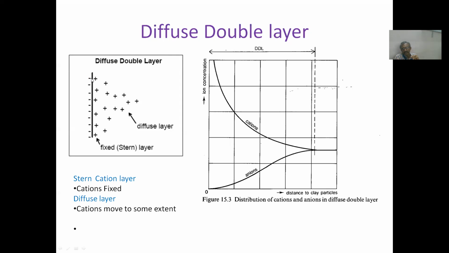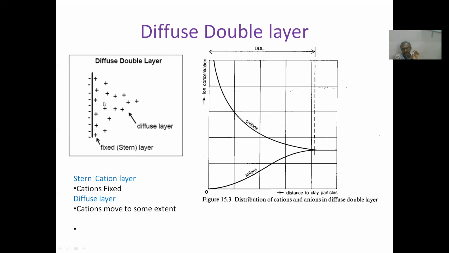Close to the soil particle, there may be a few layers of cations which would be attached to the soil particles firmly, fixedly, they will not move at all, and that layer is called the Stern cation layer.